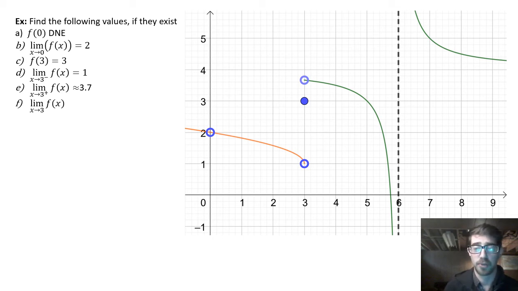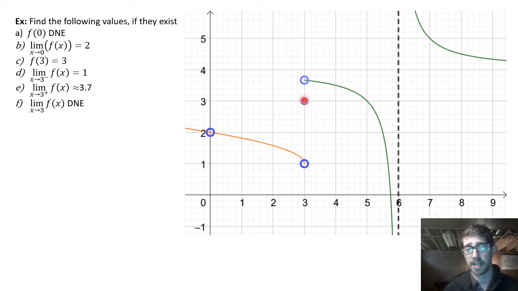All right, so if we don't specify a direction, that means a global limit. For that to exist, it has to be the same coming from either direction. Here it was approaching 2 coming from both ways. At x equals 3, it's approaching a different number coming from either direction. So this limit doesn't exist.